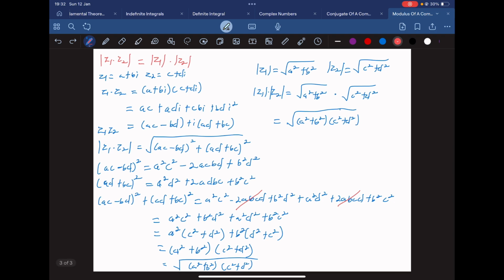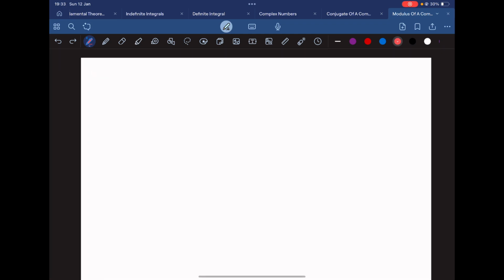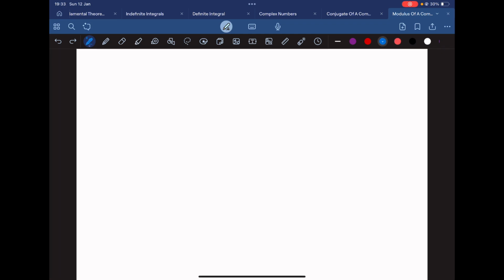So this was, let's say, the A. For the B, you also have to show that z1 plus z2 is less than or equal to z1 plus the absolute of z2, which is the modulus, right? So in that case, doing as we did before, we have z1 plus z2. This is just a plus bi plus c plus di.